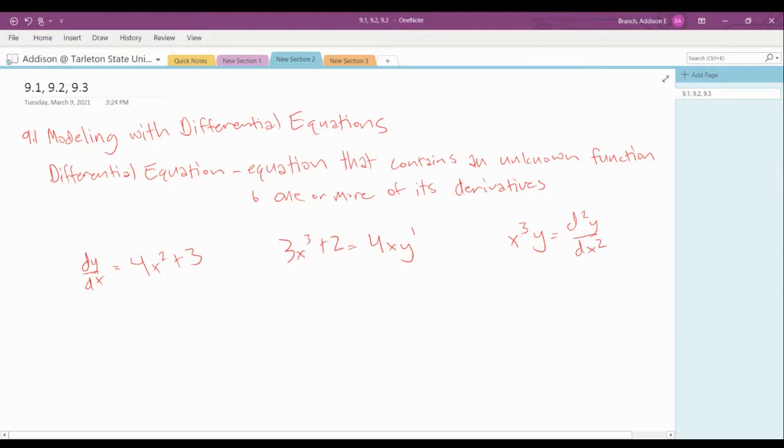Now, whenever we're talking about differential equations, one thing we do sometimes need to keep in mind is the order. The order of the differential equation is essentially going to be the order of the highest derivative.